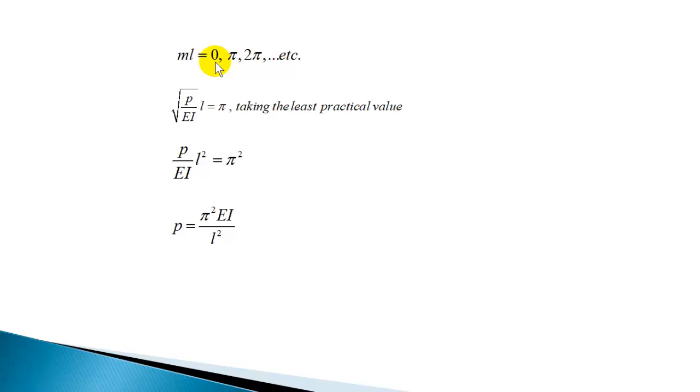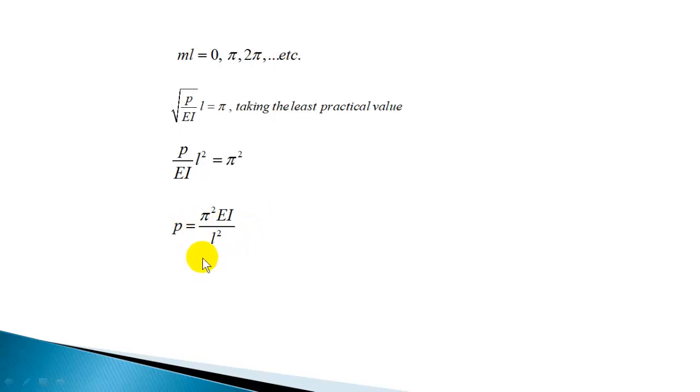We are finding out the load at which the column buckles. So the least possible value at which the column buckles is when mL is equal to pi, or root of P/EI times L is equal to pi. Squaring it, P/EI times L² is equal to pi², or P is equal to pi² EI by L².